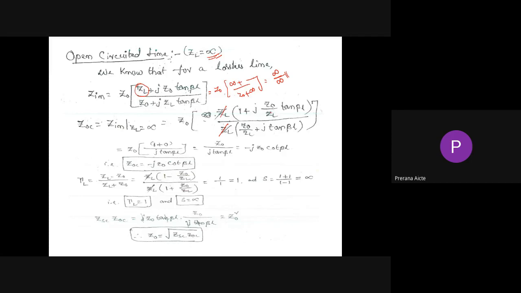Substituting Z of L equals infinity, 1 plus j anything by infinity is 0, so 1 plus 0, divided by anything by infinity, which is 0, plus j tan beta L. So simply Z naught times 1 divided by j tan beta L, or 1 by tan. You multiply and divide by j in the numerator and denominator.